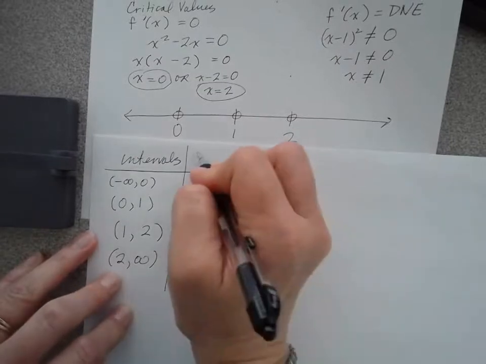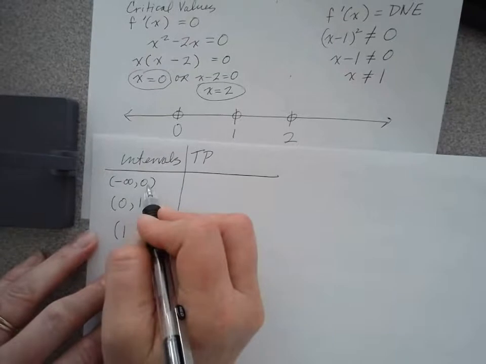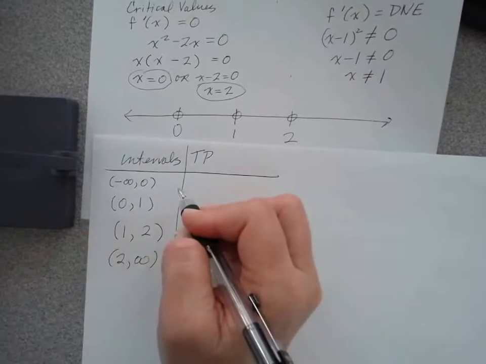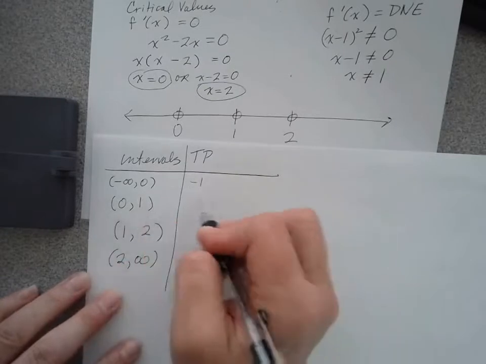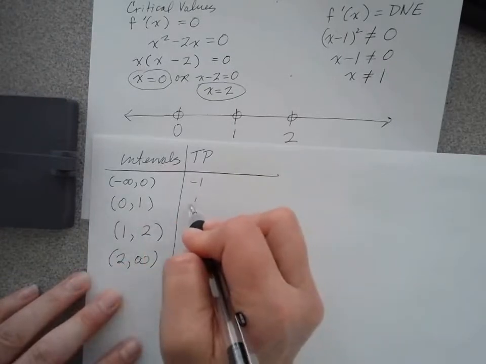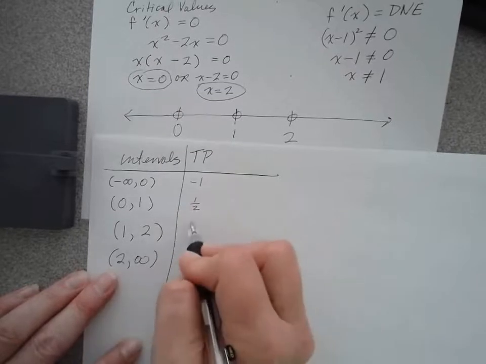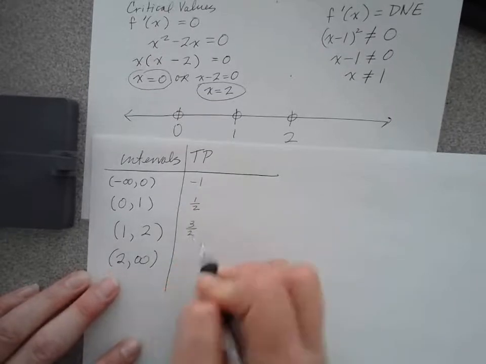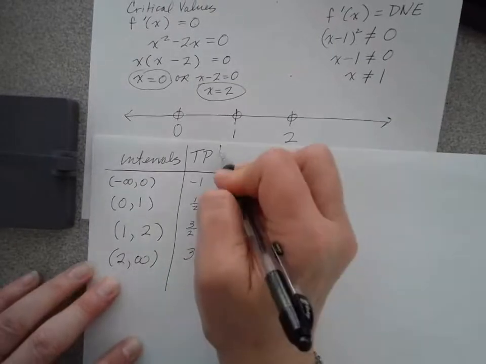Then you're going to want to pick a test point in each interval. So what's a test point in negative infinity to 0? Negative 1. In 0 to 1, 1/2, 0.5. Between 1 and 2, 3/2 or 1.5. And 2 to infinity, 3. Okay.